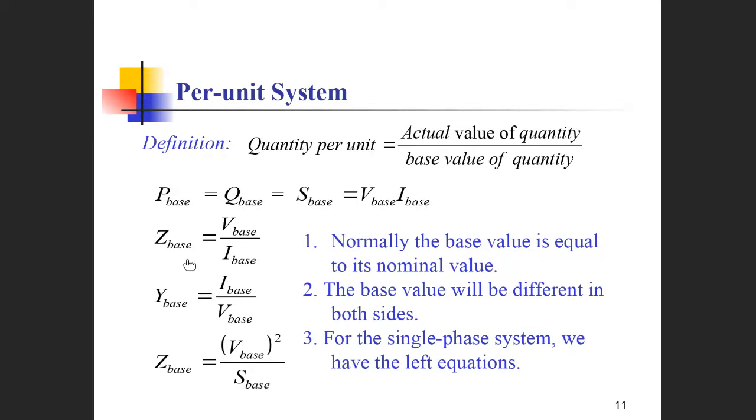Similarly, the secondary base impedance is the secondary base voltage over the secondary base current, or the secondary base voltage squared over the total power rating. The power base values for primary and secondary are the same. The internal impedance is usually described as a percentage of the base values.